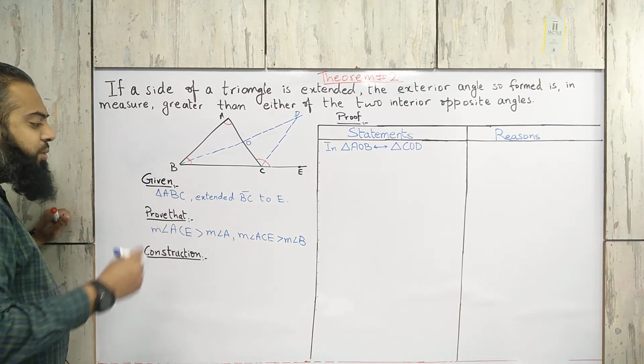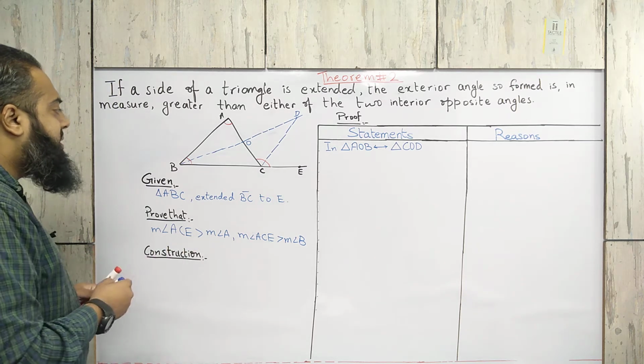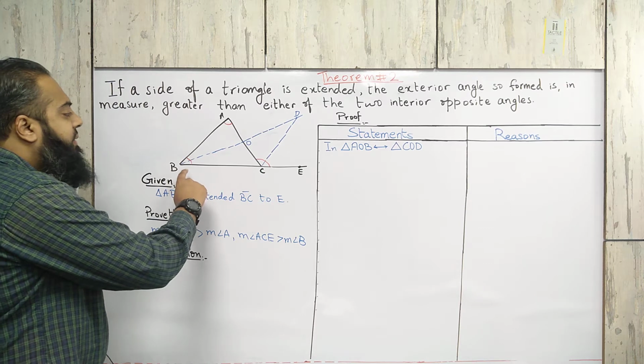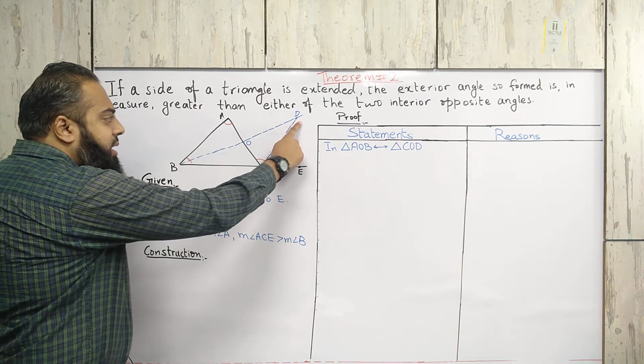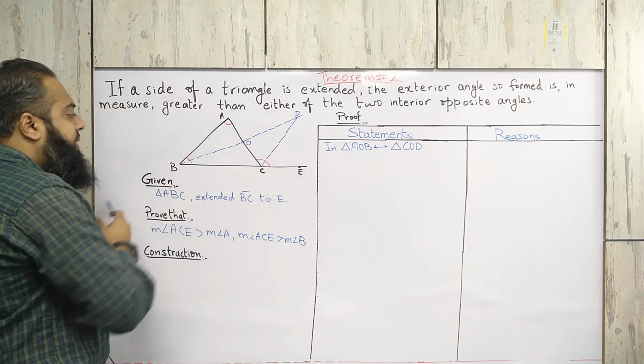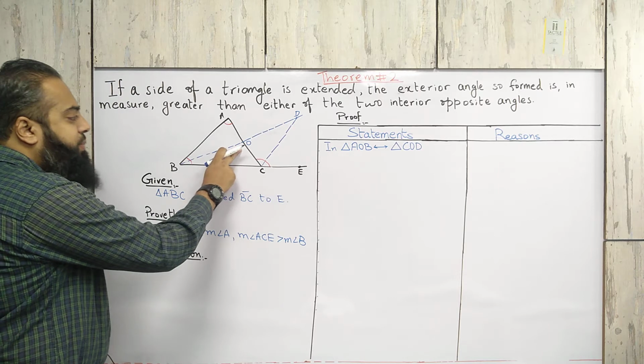And now to prove that, we have a construction. What is that? We will draw a point D in such a manner that BO, and what is point O?